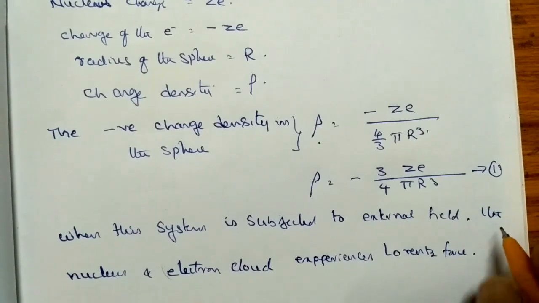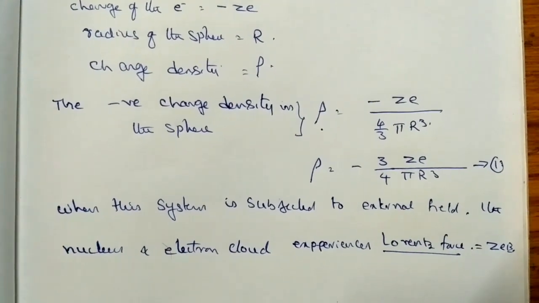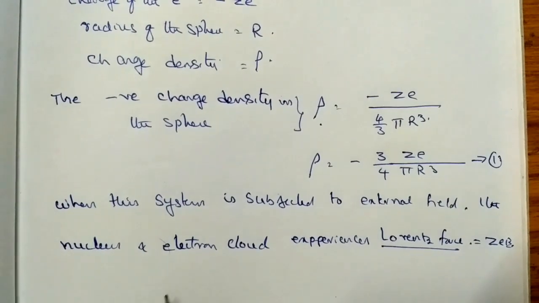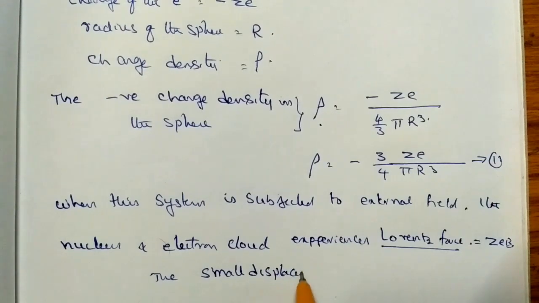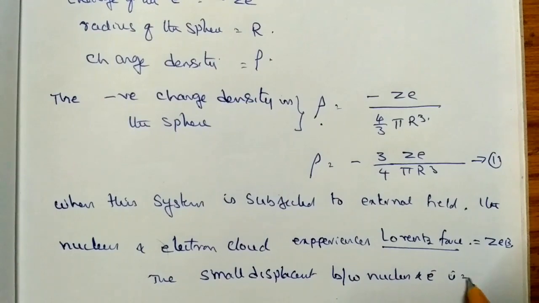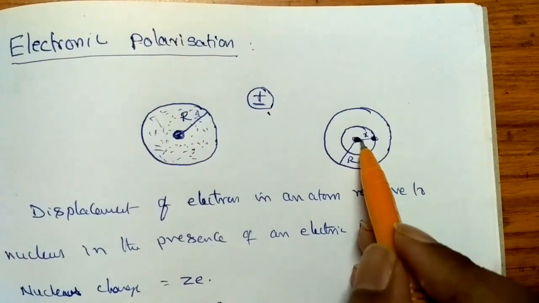The Lorentz force is equal to ZeE. The Lorentz force is a repulsive force, that means these electrons are attracted to the positive plate. Then the small displacement between nucleus and electron is equal to x. It displaces these two centers of mass by x.